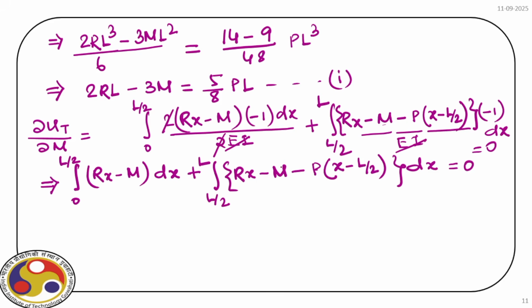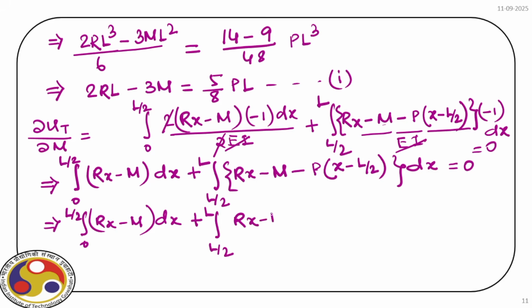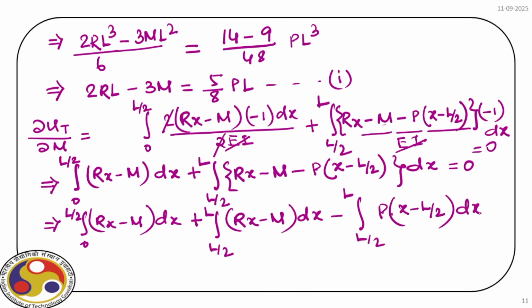Now again, what we can do is, first part 0 to L by 2 Rx minus M dx, and from the second term we have L by 2 to L, and first part is Rx minus M dx, then minus L by 2 to L P times x minus L by 2 times dx is equal to 0.